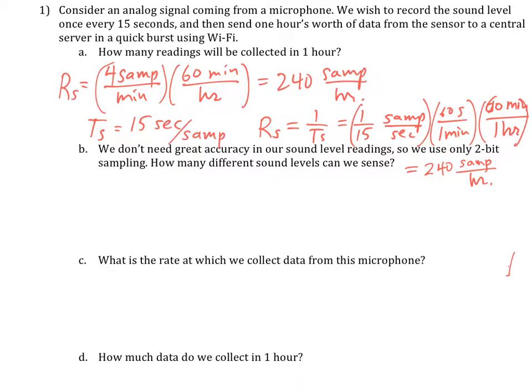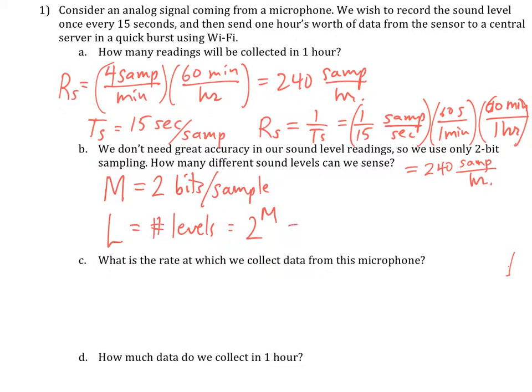Now in part B, we don't need great accuracy in our sound level reading, so we only use 2-bit sampling. How many different sound levels can we sense? Well, as one of our standard equations, M is 2 bits per sample, and therefore L, the number of levels, is 2 to the M, or 2 squared, or 4 different sound levels.